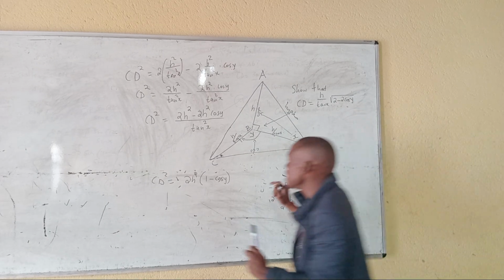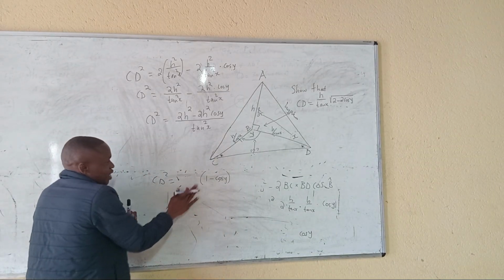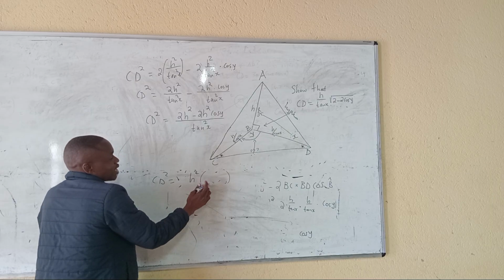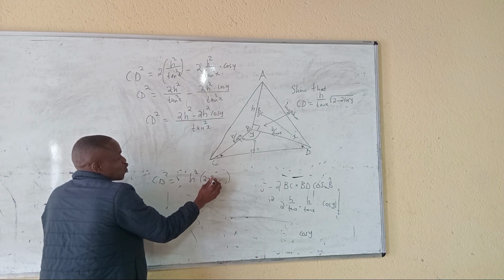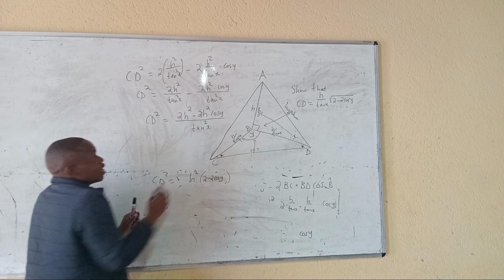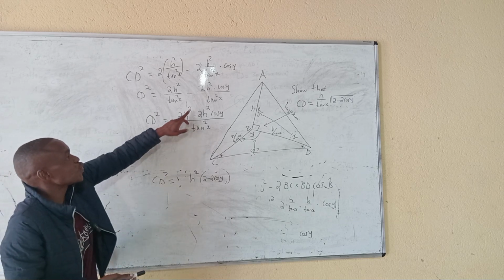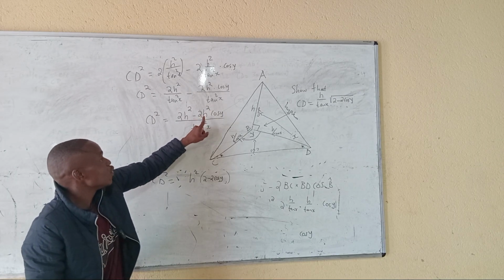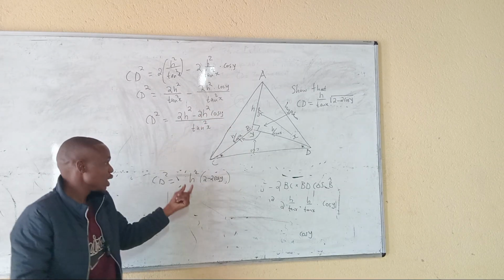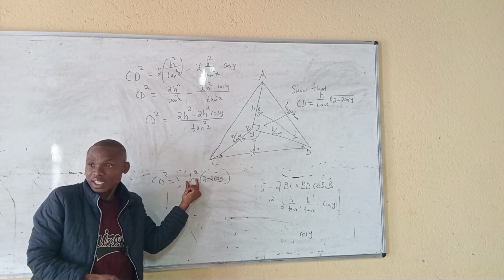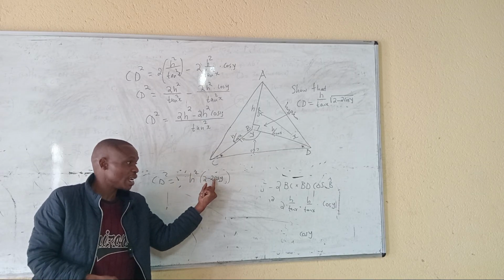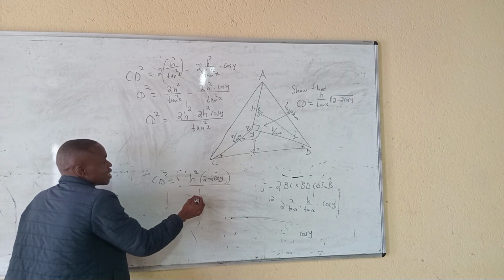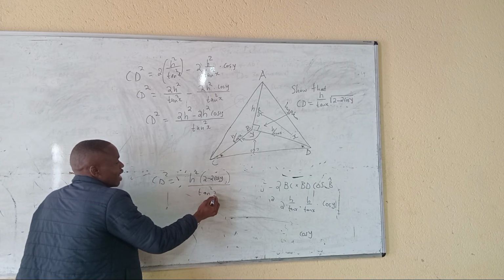So now I can take H squared as a common factor, not 2H squared. Then we shall get 2 minus 2 cos y. If you take H squared here, you are left with 2. If you take H squared here, you are left with 2 cos y. So your common factor is H squared into 2 minus 2 cos y all over tan squared x.